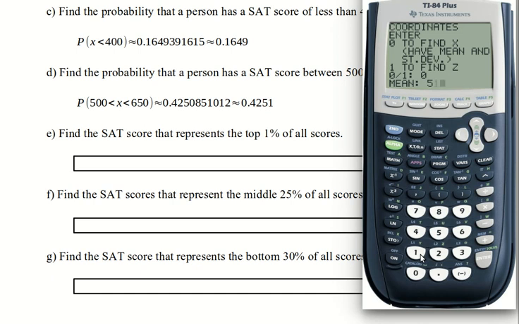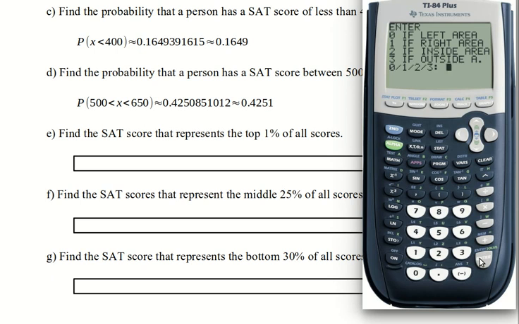We still know that the mean is 514 and the standard deviation is 117. And we're now interested in the probability. The probability is 1%, so 0.01. And we're interested in all of the top 1%.